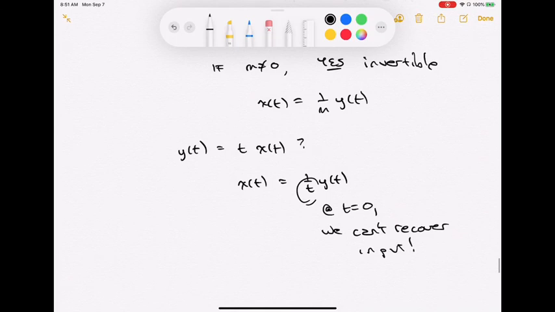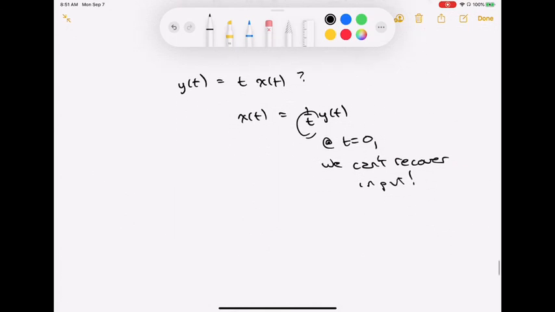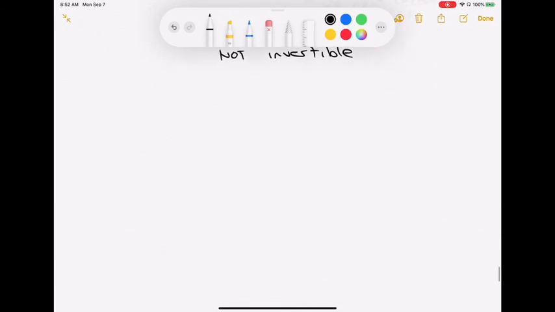So even though it's only not recoverable at a single point, this system is not invertible because we lost a single point of a value. Maybe you're not so worried about that one point, but that's really not the issue here. The issue is whether this thing is invertible, and invertible requires that you recover the input completely, 100%, from the output. One last one, and then we'll basically be done for today.